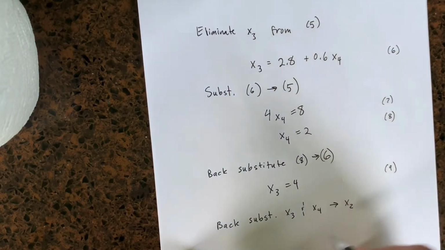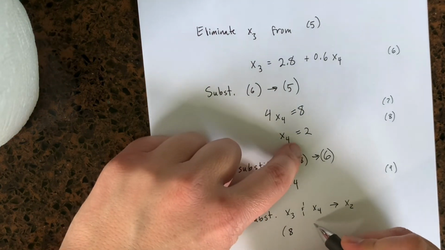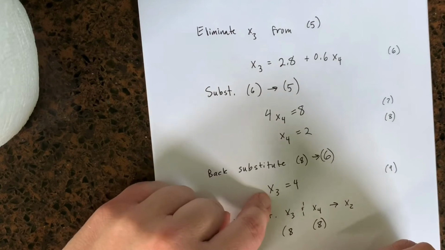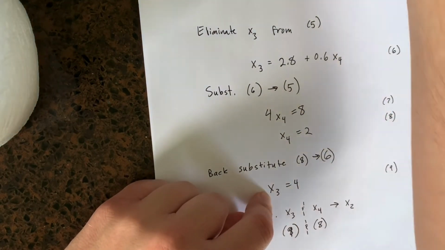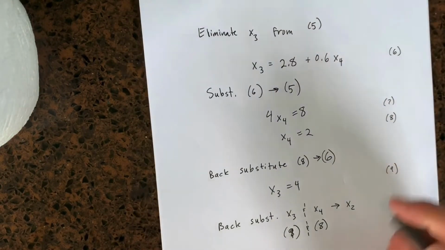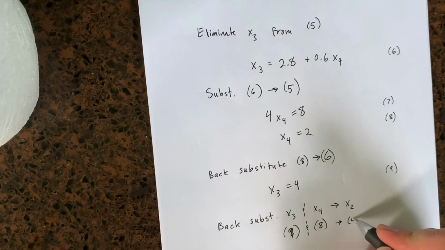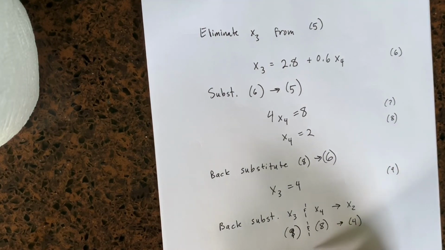So basically we're taking equation 8, well, this is equation 8, this is equation 9, and substituting it into equation 4. And then we get x2 equals 1.